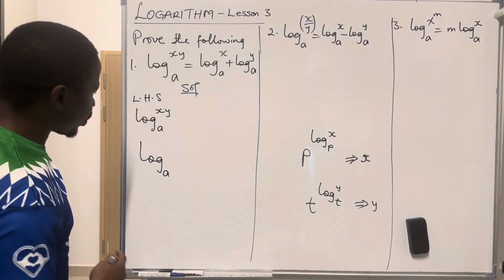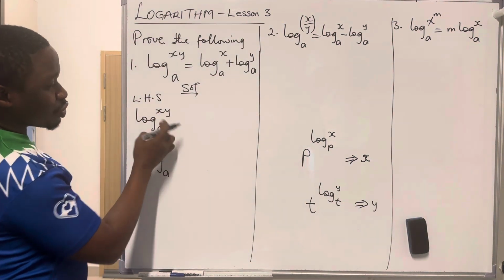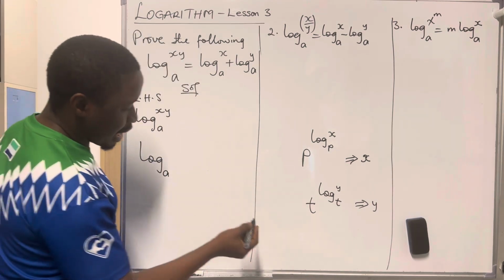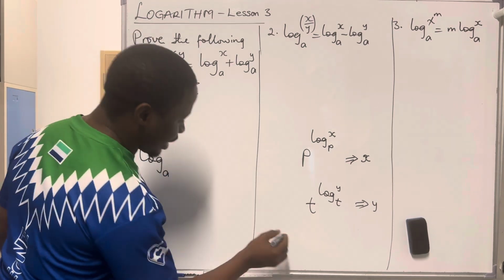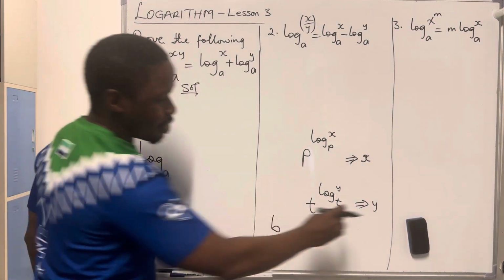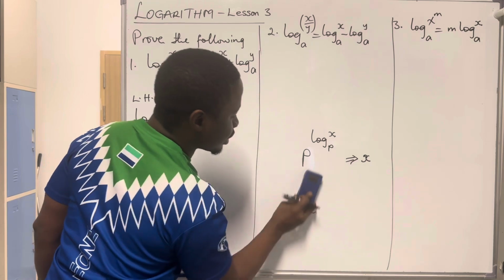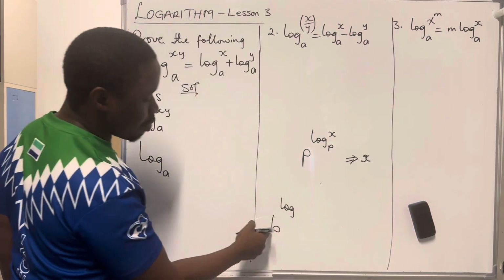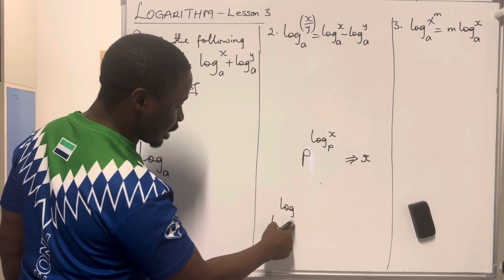So this tells us that if we want to create the same thing with x, we can say a number, let's say b, is raised to a power, but the power is in log form.